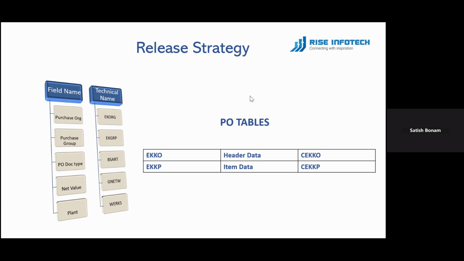And these are the PO tables: EKKO header data, where C stands for communication, so we use CEKKO, and EKPO item data, and CEKPO. We can fetch the length and data type from T code SE11.